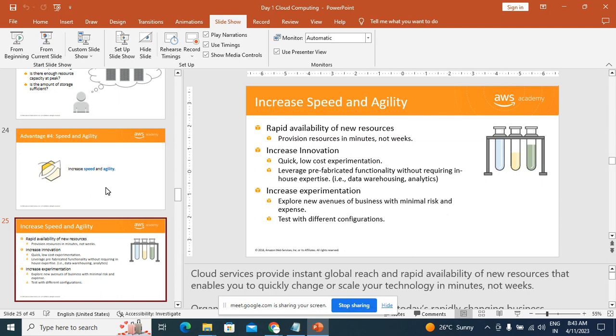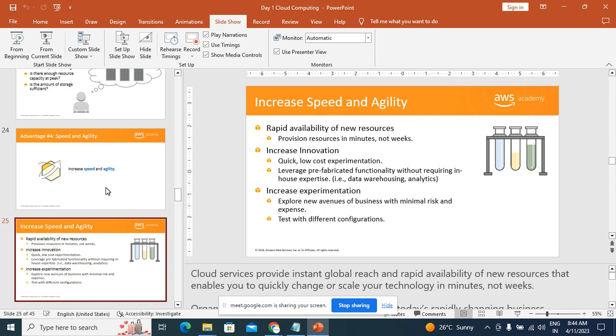Okay, so next comes increase experimentation. Explore new avenues of business with minimal risk and expense. Test with different configurations. So exploring new things, or adding some new startups, or new types of business, or new types of features, all these things will happen in very limited time using AWS.